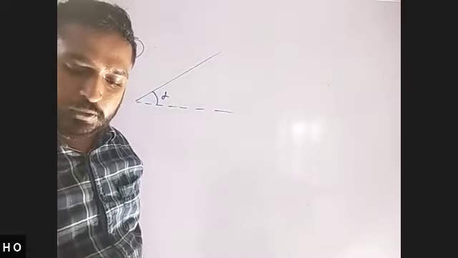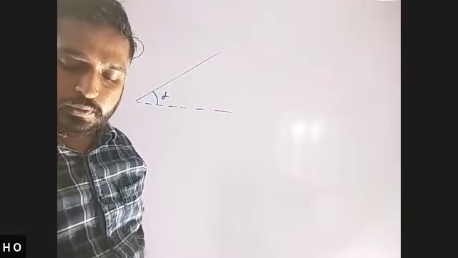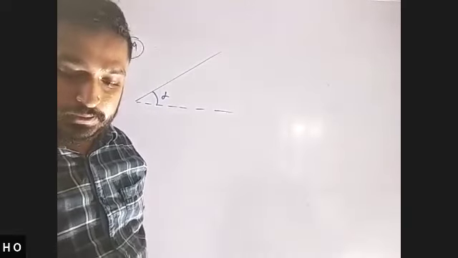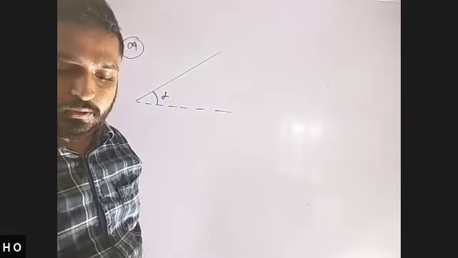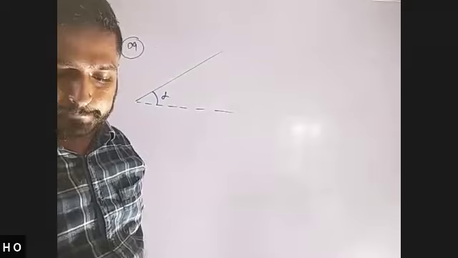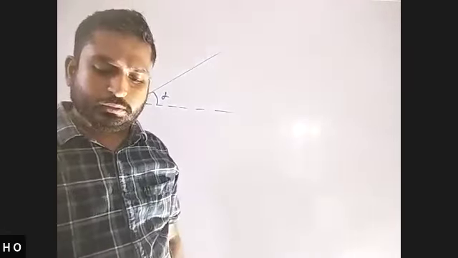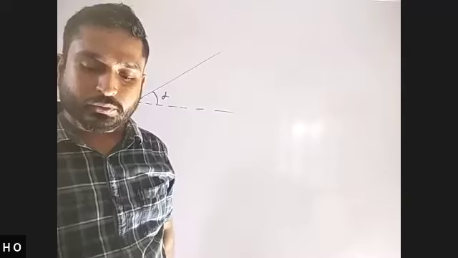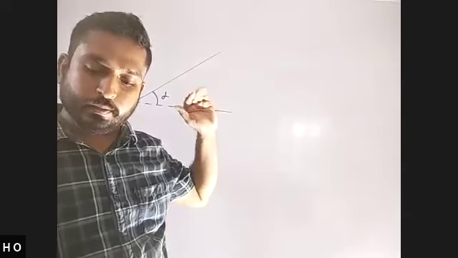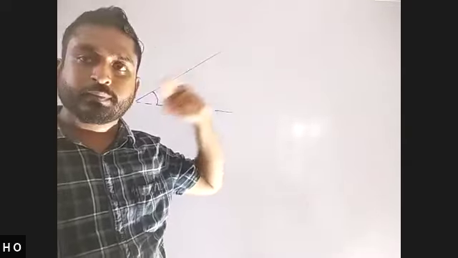Minimum force that is required to move an object of weight W upwards slightly along the line of greatest slope of a rough plane inclined at an angle alpha to the horizontal. So it is about moving upwards slightly.